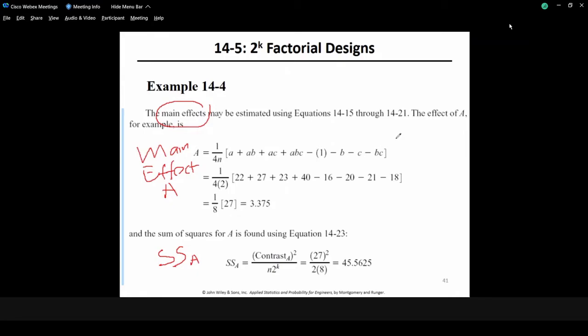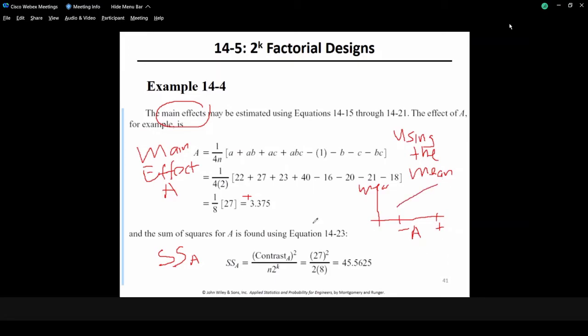The mean response at A minus and at A plus, so I expect a graph of the mean.